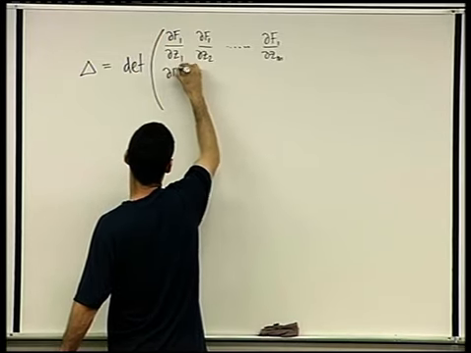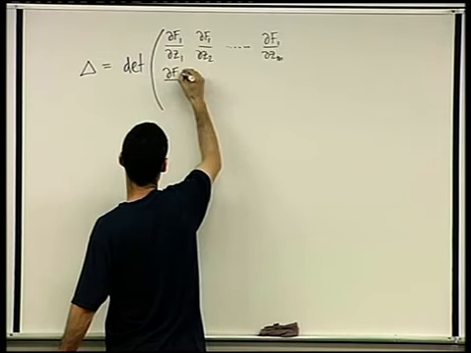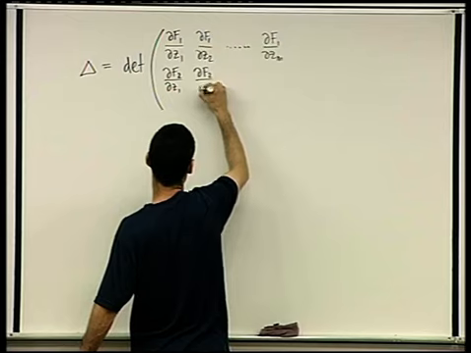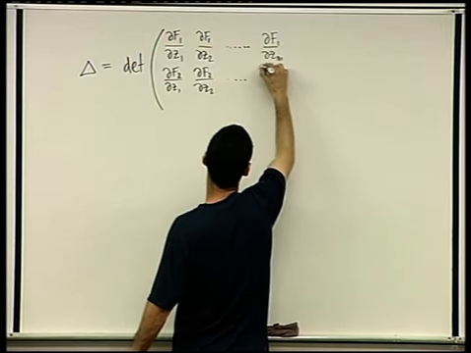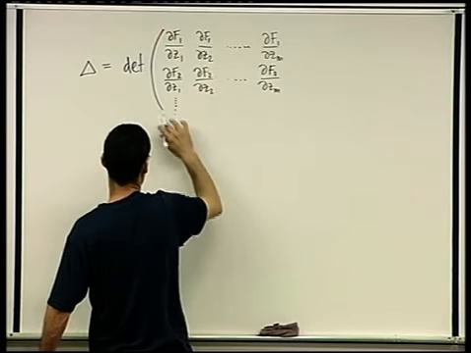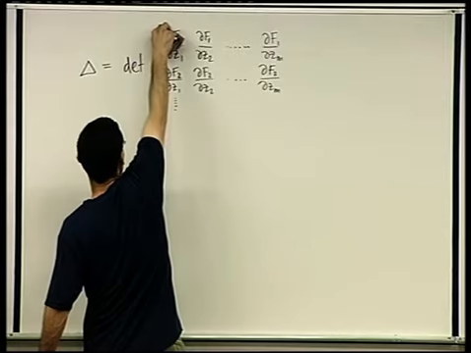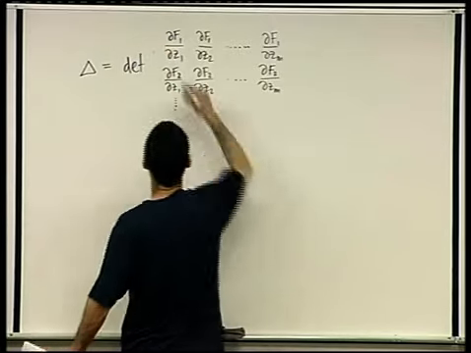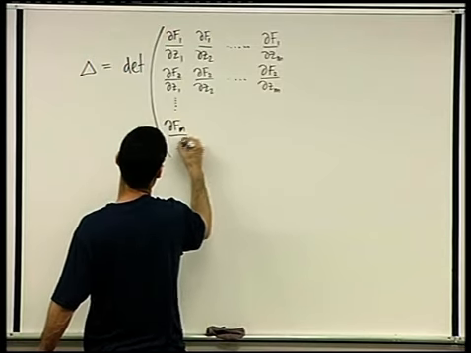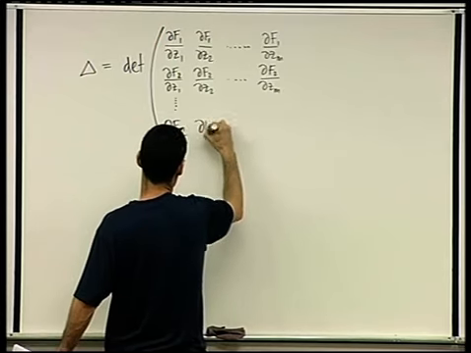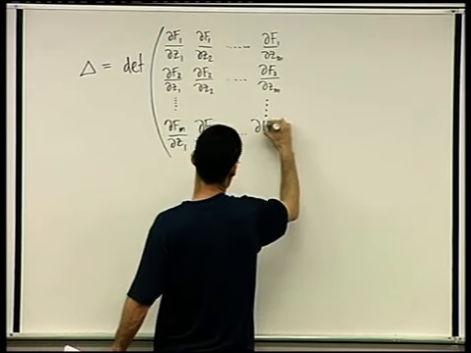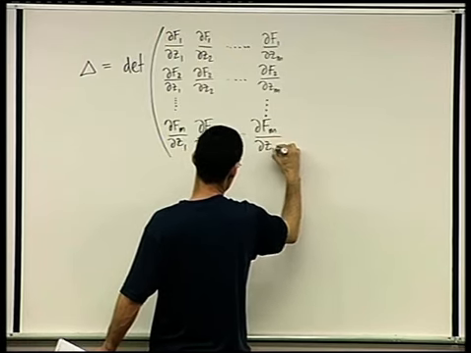And then in the second line, I'm going to take df2 to dz1, df2 to dz2, all the way up to df2 to dzm. And then there are going to be m lines. So it's a square matrix, an m by m matrix. And at the end, I have the partial derivatives of fm with respect to the z variables, up to dfm to dzm.